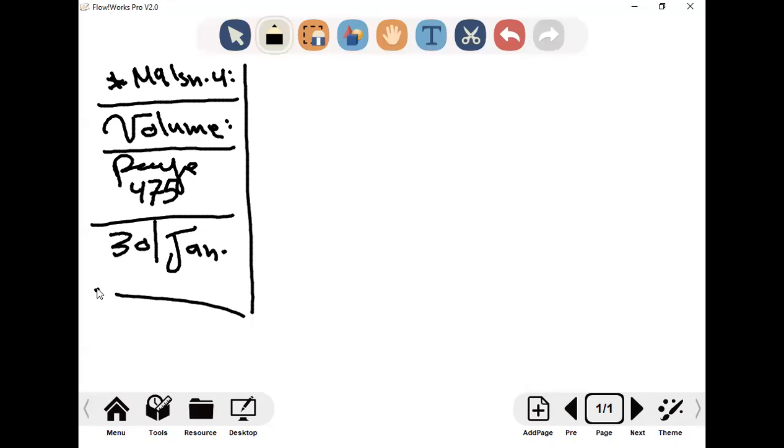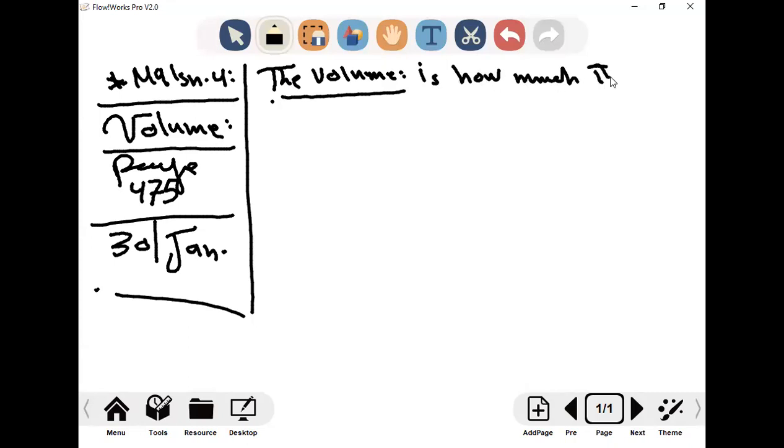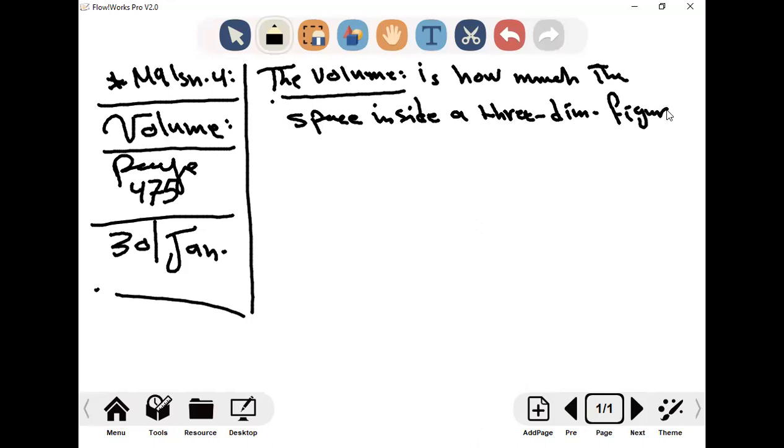So the volume is how much space is inside a three-dimensional figure. We call it the volume.